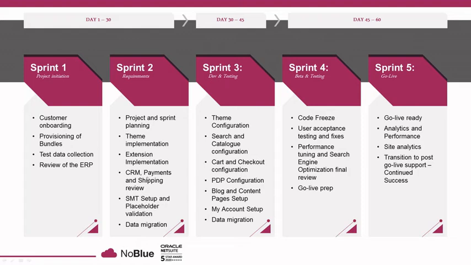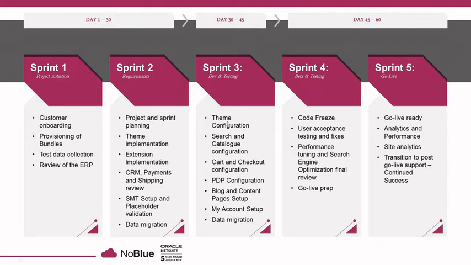All the extensions, the development and testing. So we finish up with theme configurations, search and catalog configuration, cart and checkout configuration, PDP, blogs, site management tools configuration as well, my account setup, and checkout setup as well.